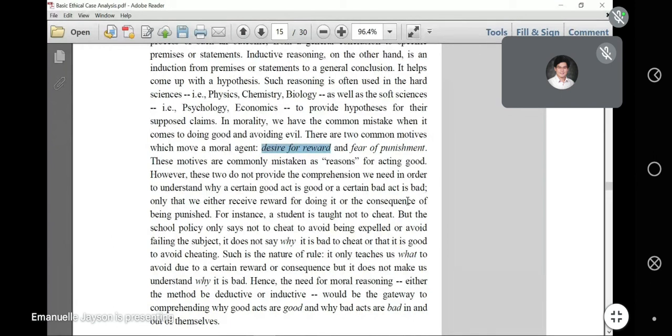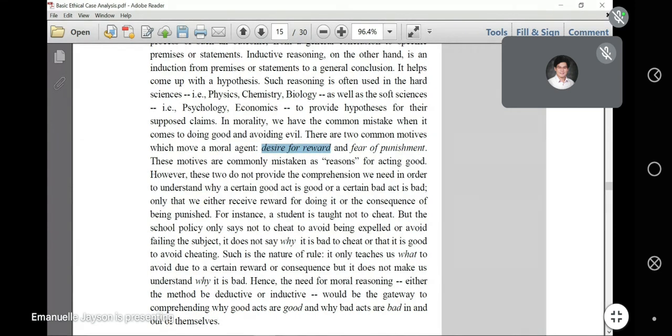Pero that's okay kasi bata pa naman, they cannot really understand the certain concepts of why a certain act is bad in itself or good in itself. Not that they are not really good in itself and bad in itself, but it's actually because the language of the kids is limited. That's why we use desire for reward and fear of punishment.